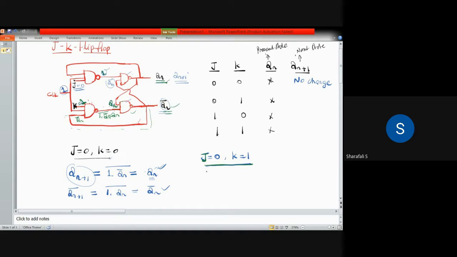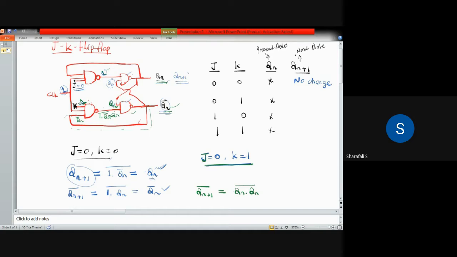Okay. So we'll get Qn plus 1 bar equal to Qn dot Qn bar.